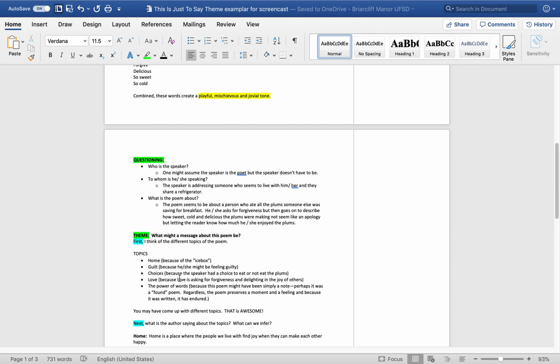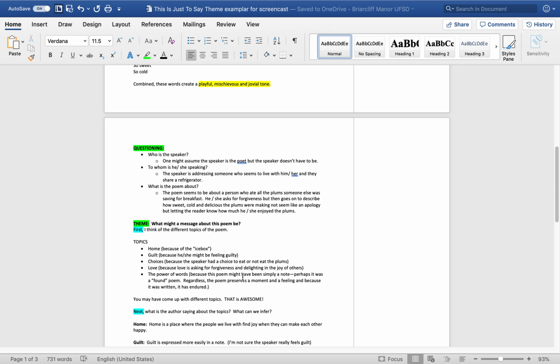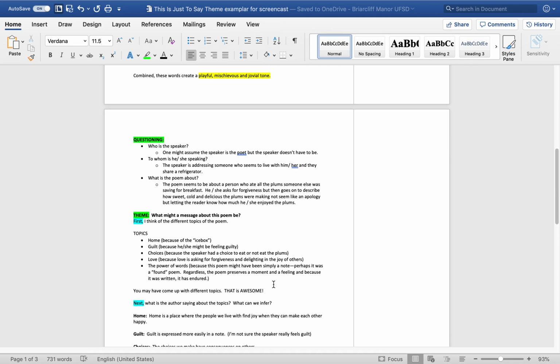A topic could be love because love is asking for forgiveness and delighting in the joy of others. Or it could be about the power of words because this poem might simply have been a note. Perhaps it was a bound poem. But regardless, the poem preserves a moment and a feeling, and because it was written, it has endured, and therefore we know that words have real power.